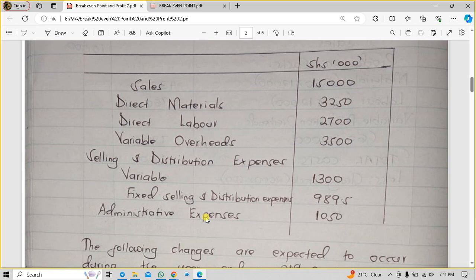The rent cost will still remain. If you do not produce any unit, if you are a manufacturing company and you do not make any production in your company, the rent cost, if you're paying rent, the rent cost will still be the same. So that means that fixed costs are costs that do not change when there is any change in output or in production.